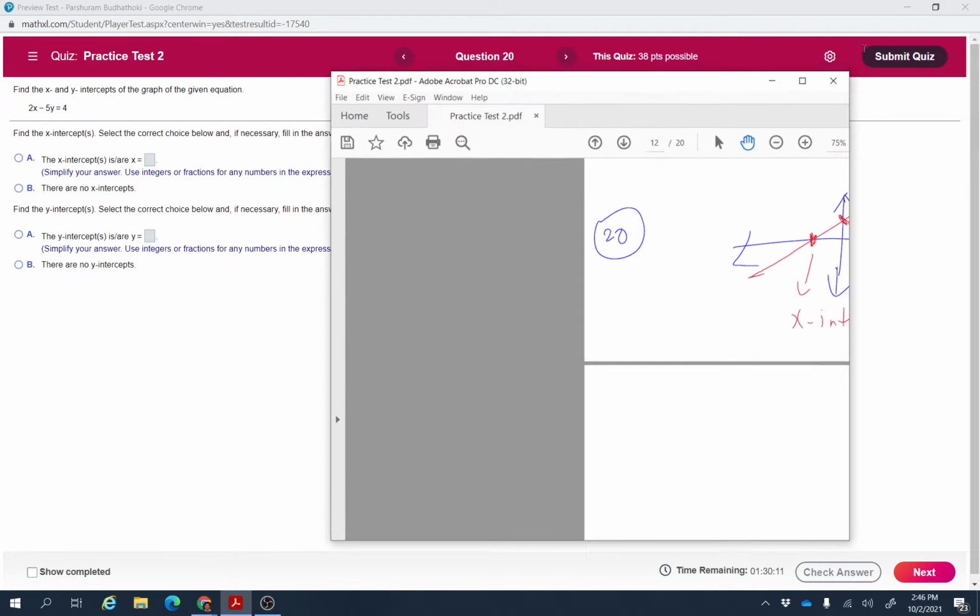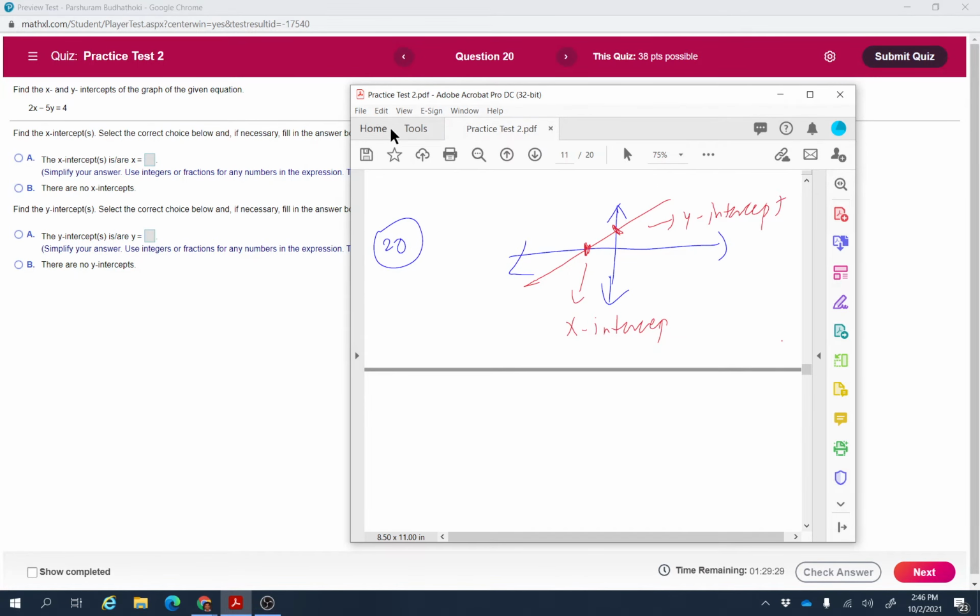Okay, so in this problem, first of all, find out the x-intercept, meaning you put y equal to 0 in the given equation, which is 2x minus 5 times 0 equal 4. So 5 times 0 is 0, so 2x equal 4. If you divide both sides by 2, x equal 2.